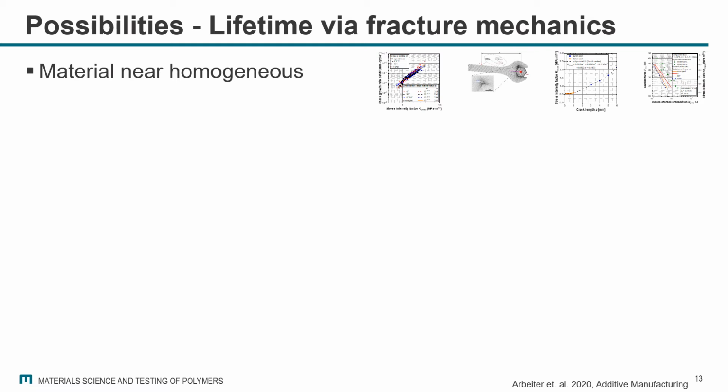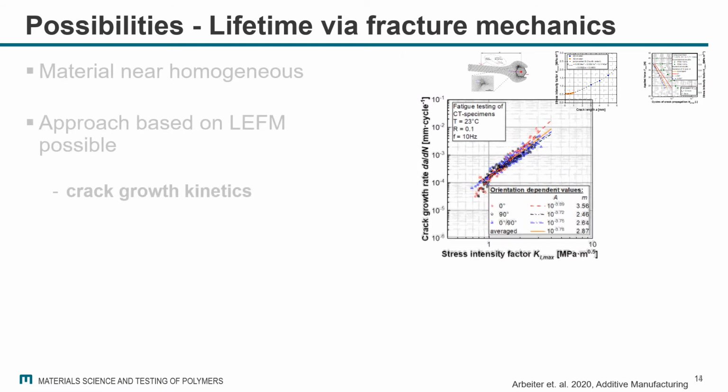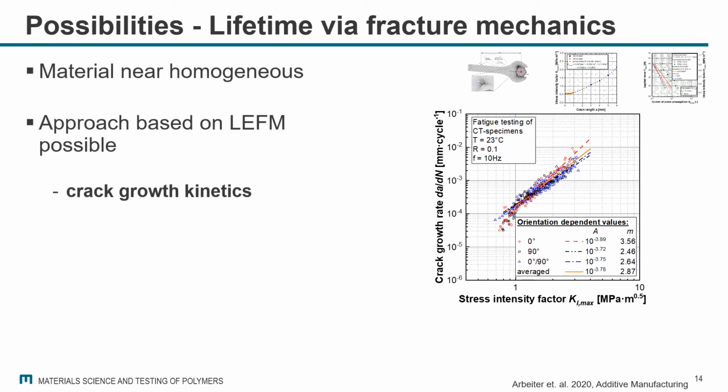So in detail, for example, if the material is near homogeneous, as it was the case with our printed wrench, because it was printed from PLA, which is quite easy to print, also to get it almost homogeneous in its final properties, we could use an approach based on linear elastic fracture mechanics. For example, we determined the crack growth kinetics, as shown here in this picture, which were actually quite nice, I would say.